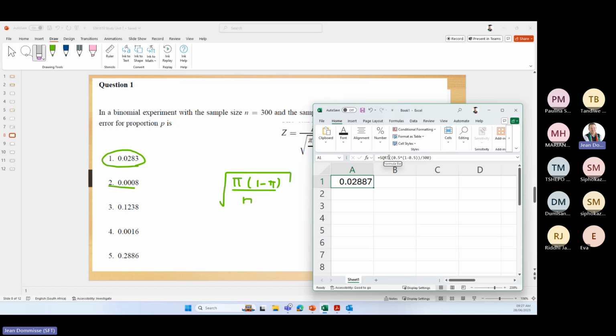So please be very careful. When you're pressed for time, you see on your calculator the same answer as in one of the options, and it's very easy to say, oh great, I've got the answer.